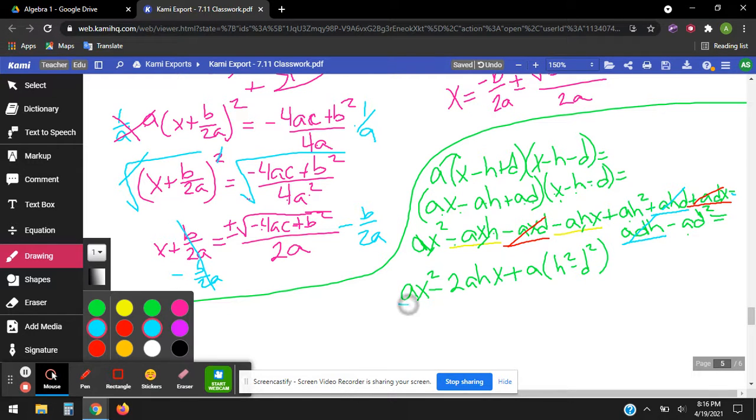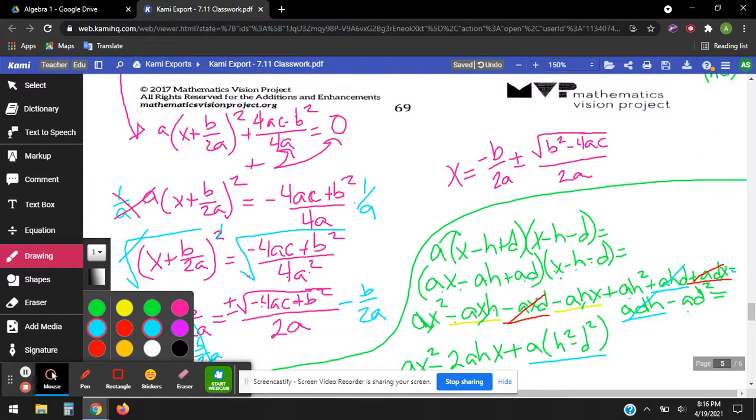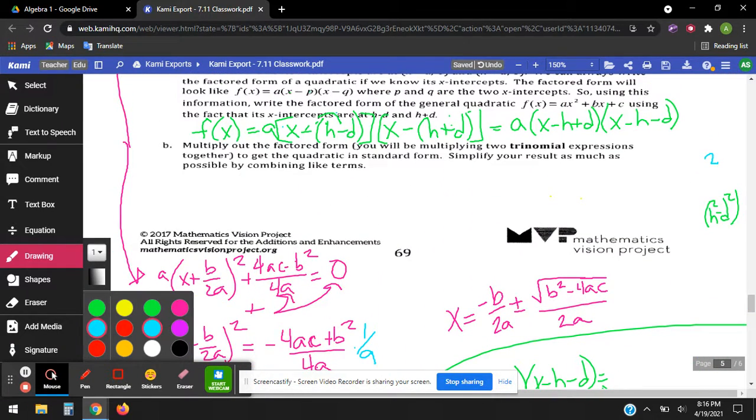And here I have my ax squared plus bx, where b is negative 2ah, plus c. So I'm going to rewrite this up here in green. I have f of x equals ax squared minus 2ahx plus a(h squared minus d squared). And that is my trinomial with my three different parts.